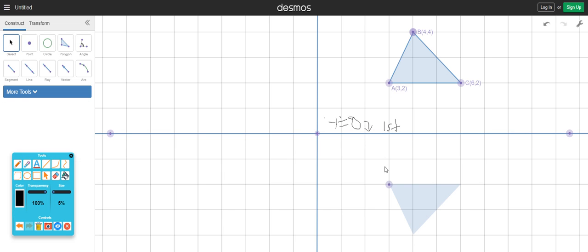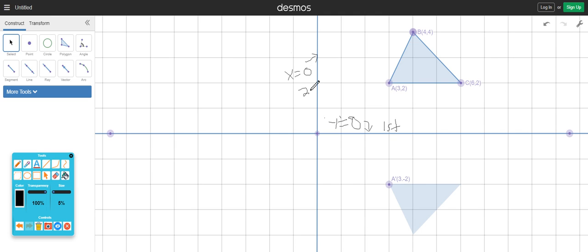We are going to call this point A prime. And instead of at 3, 2, it is at 3, -2.